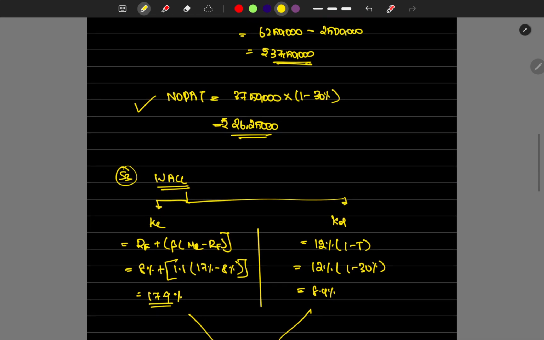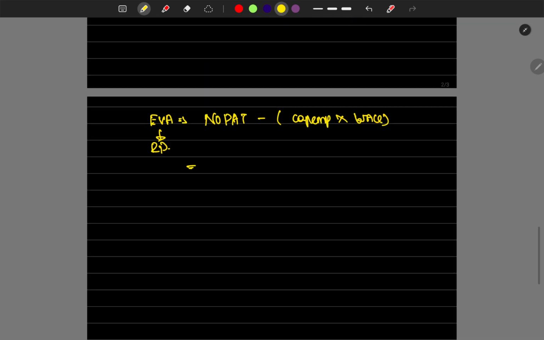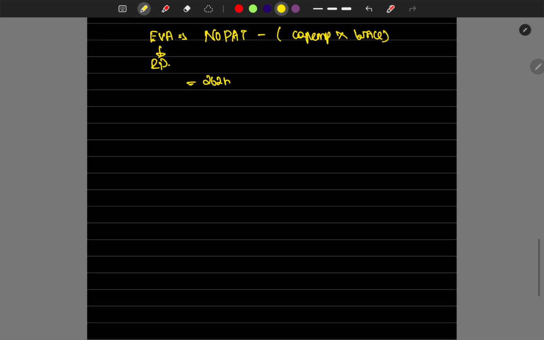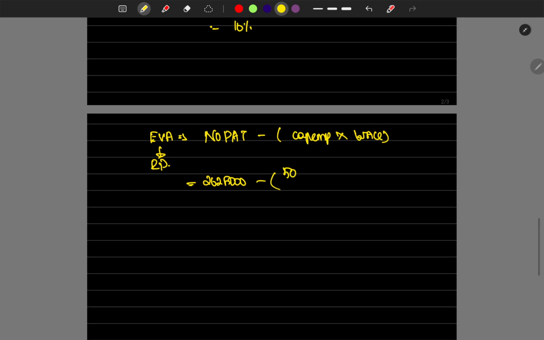NOPAT is the calculation we have done, which is 26 lakh 25,000. Now the capital employed is 50 lakhs into the weighted average cost of capital, which is 16 percentage. Okay, we have to pay 16 percentage interest to the respective investors.